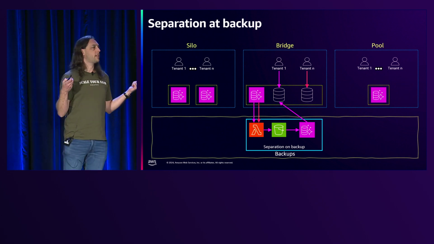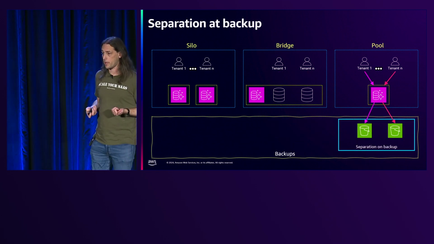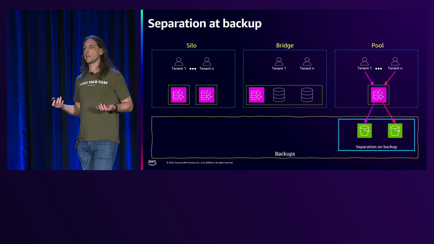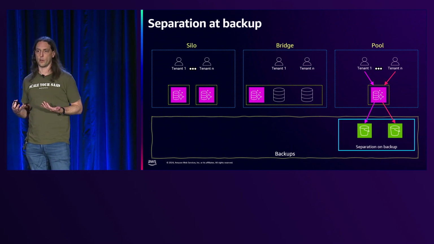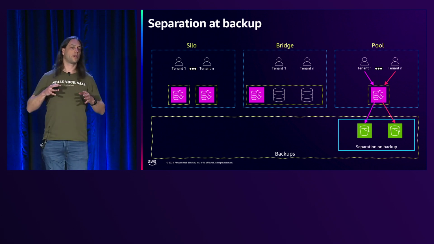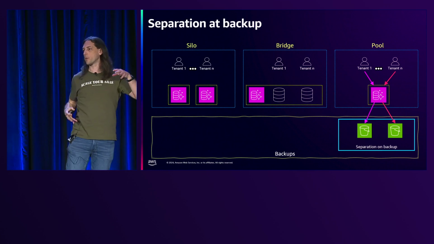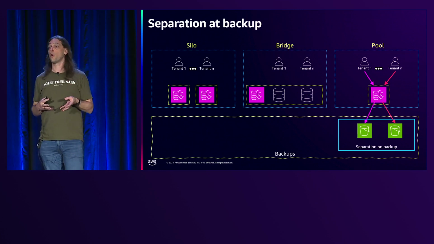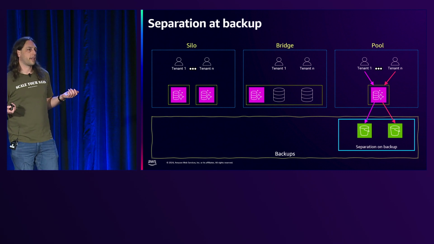And the main benefit of doing separation at backup is that every tenant is going to get their own backup. And this can be really useful if you've got compliance or regulations to deal with. Or maybe you've got right-to-be-forgotten laws, because now you can have your tenant data as one logical unit, right? Even within your backups to work with in an operational way. And think about things like offboarding.